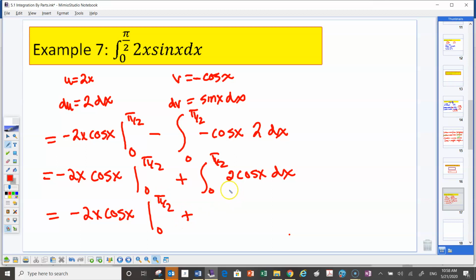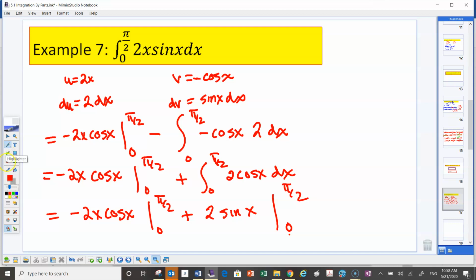So the integral of 2 cos x would be 2 sine x going from 0 to pi by 2. Okay, so now we could do them in parts, or we could do it all in one big thing, and maybe we'll just do that.